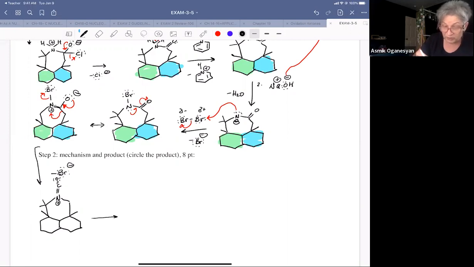We can proceed with just the hydroxy group being there. That's fine too. So if I use the hydroxy group and attack the carbonyl carbon, the double bond to nitrogen will open up. Electrons will go onto nitrogen. And now we finally have our new 6-membered ring formed.